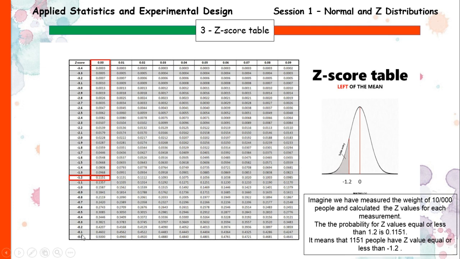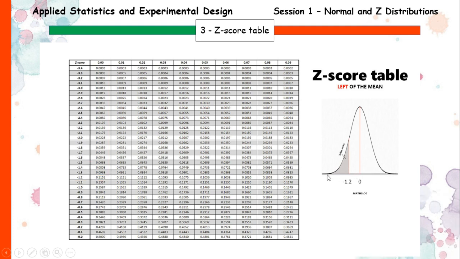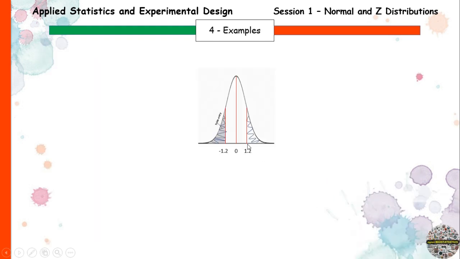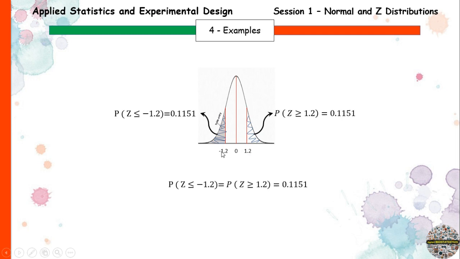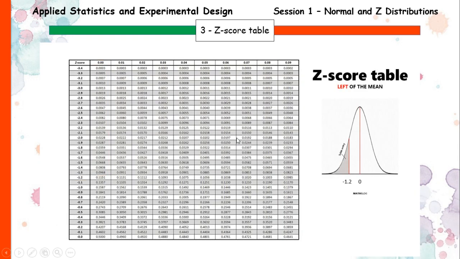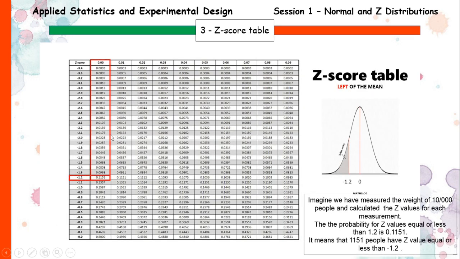We don't have minus 0, this is 0. So if we want to calculate the probability for values more or equal than 1.2, we use the probability of values equal or less than minus 1.2, because this table is designed to have the minus values.